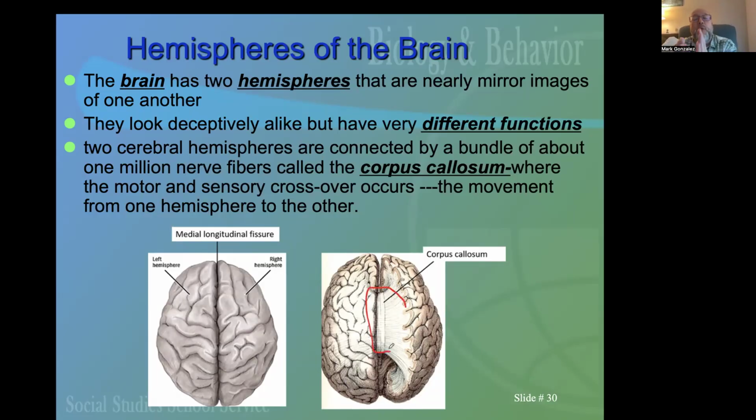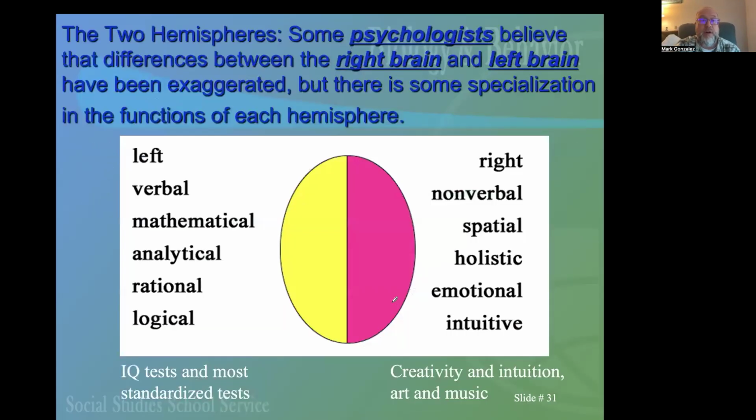If I pull the side, it almost looks like cauliflower, doesn't it? But if I pull one hemisphere of the brain aside, you can see a cross section. You would see this corpus callosum right there, which connects and allows the two parts of the brain to communicate. It's basically where the motor and sensory crossover occurs, right?